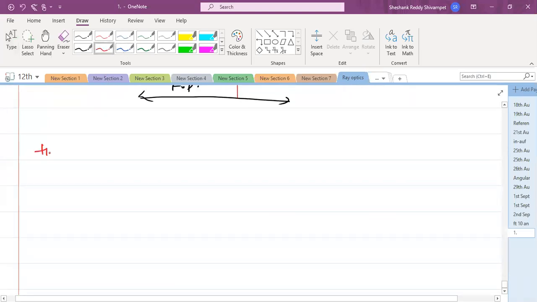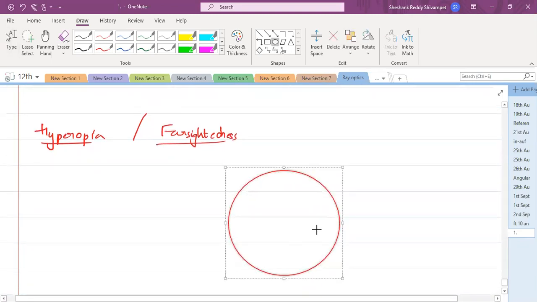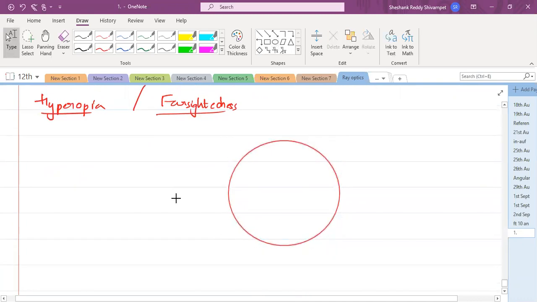Hyperopia or hypermetropia. Now, it is also called what? Farsightedness. What happens in this? The image is formed beyond, right?